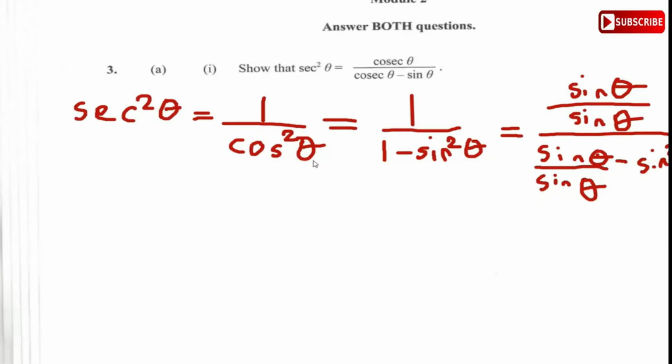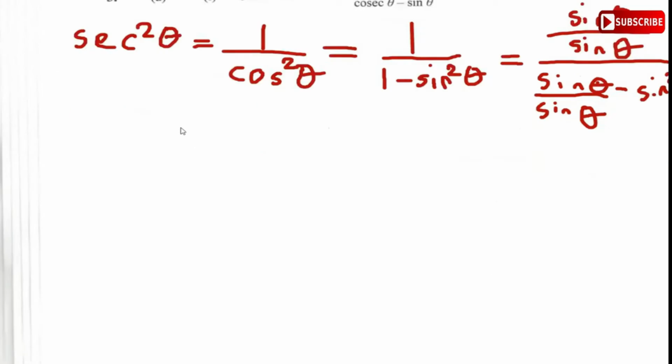So now let me join the denominator as one fraction. I can write that now as sine theta over sine theta. Now instead of saying over, I'm going to put divide by.